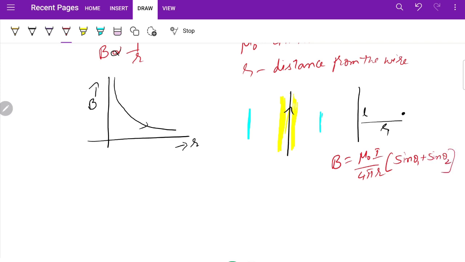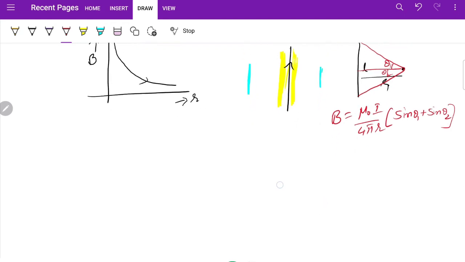What are sine theta 1 and sine theta 2? These are the angles subtended by the two ends of the wire at the given point. So here this is theta 1 and this is theta 2. Okay, so that's it. Now let us see some scenarios based on this concept.